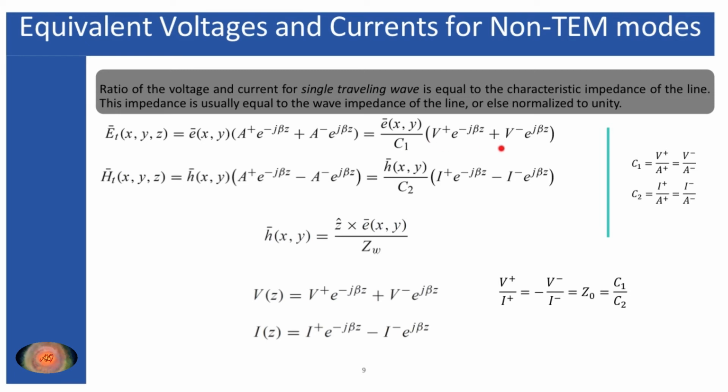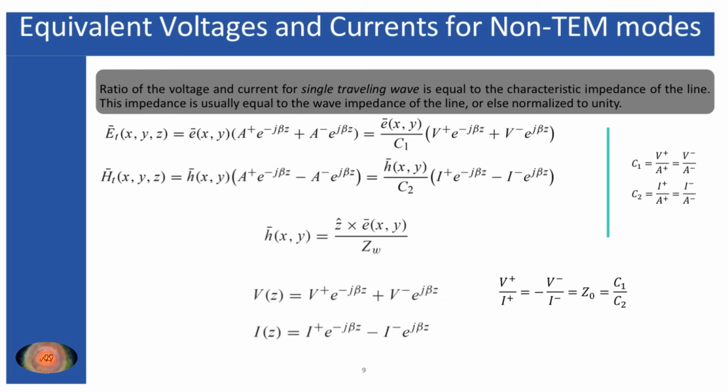Now, this expression, which is included within the bracket, I am considering as Vz, because you can see that this expression entirely depends on the z direction, or the position at z, due to the presence of this factor. And from this expression you can see that it already looks like the equivalent transmission line model that you have studied in your earlier semester.